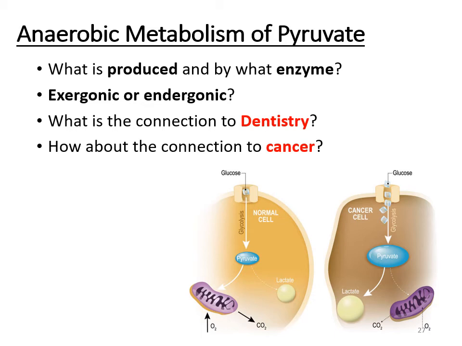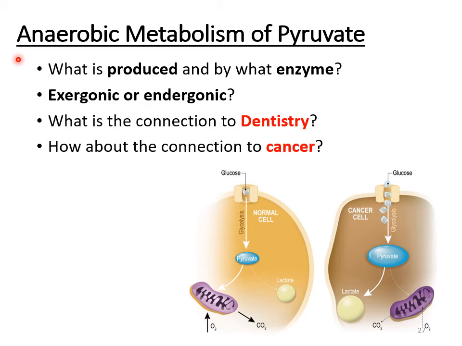Now this reaction reduces pyruvate to the product called lactate or lactic acid. It's an exergonic reaction, so that's this guy here, and I'm going to have a recap of this slide in a minute. The enzyme that it uses to do this is called lactate dehydrogenase. So you'll see that as LDH in various places.